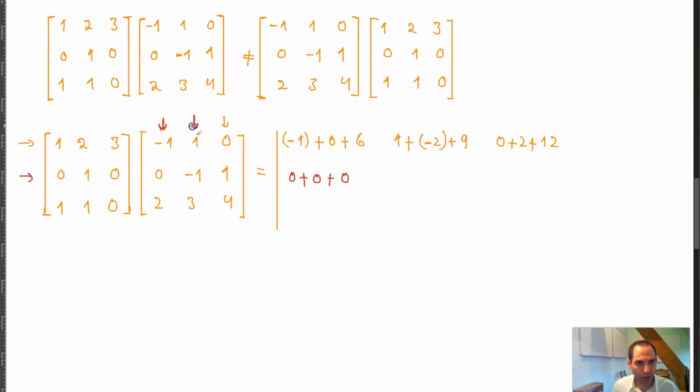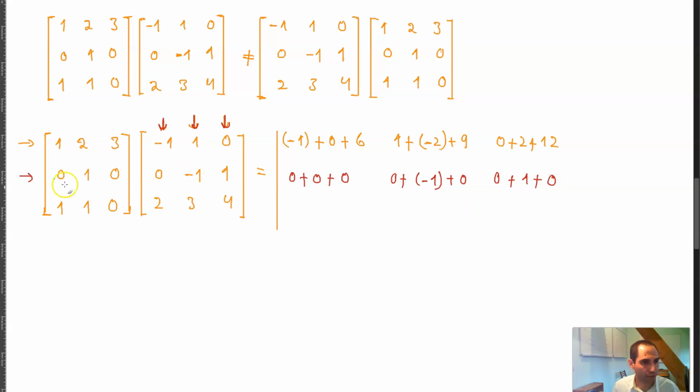And then this column, you have 0 plus negative 1 plus 0. And this column, 0 plus 1 plus 0.